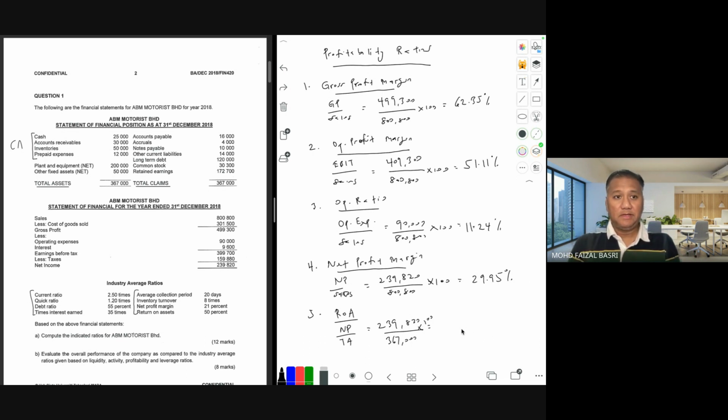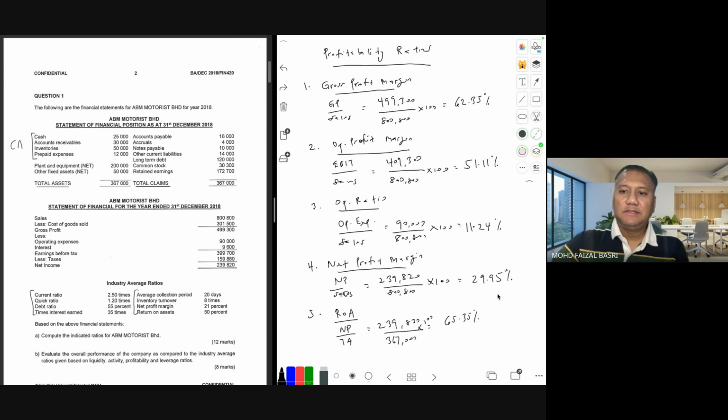So it's about 65.35%. Okay, ROA pun kita boleh buat comparison because the industry average is 50%. And again, the company's ROA is better than ROA of the industry, because the ratio is higher kan.